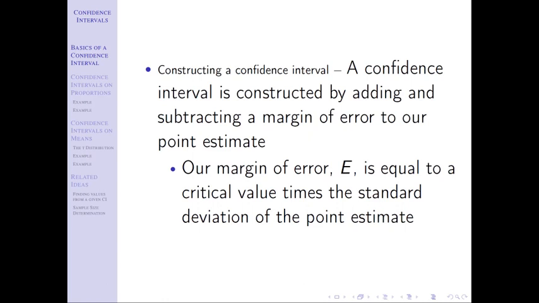So the standard deviation of the point estimate in a p hat problem is that square root of pq over n that we were using last chapter. And for a mean problem, we did that last chapter as well. We said that x bar would be either exactly or approximately normal, depending on the conditions, if the right things held, with a mean of mu and a standard deviation of sigma over square root of n.